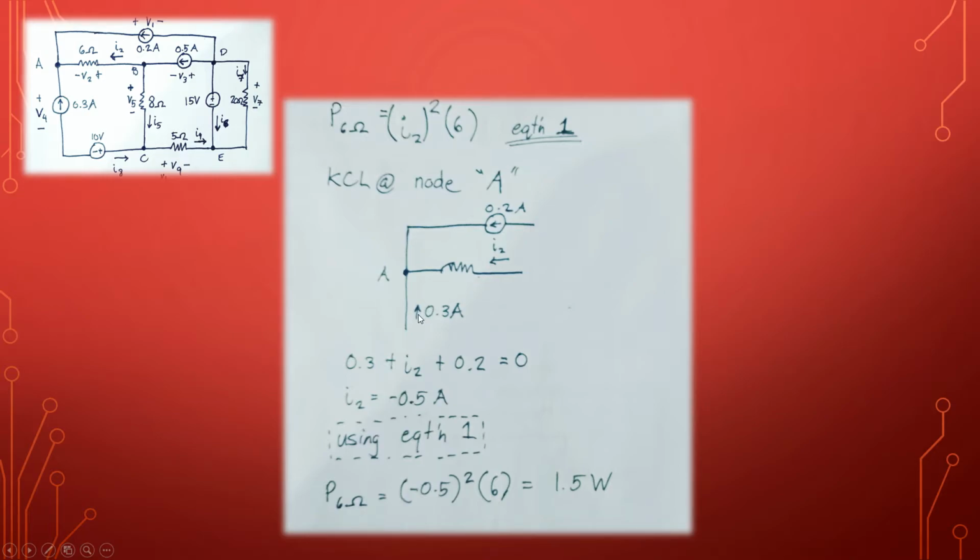To use Kirchhoff's current law, you need to note all of the currents that are leaving or entering, because according to KCL, the summation of current in is the same as the summation of current out. What goes into this node is the equivalent of what goes out of that node. And so it will give us how much current is going through this branch.